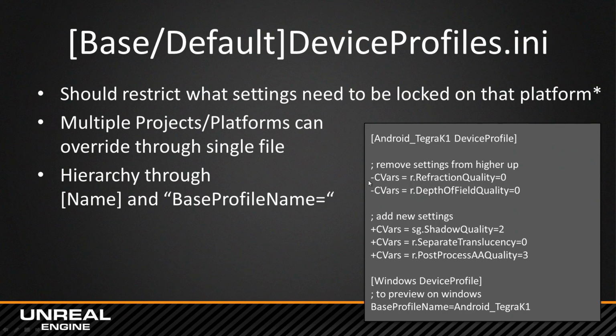This is because you can actually remove with a minus cvars or add new console variables to a list that is stored inside each of those devices. And then this way you have a very powerful method of overwriting those console variables for a specific platform. And you can even derive settings through the base profile name so that some platforms have different settings.